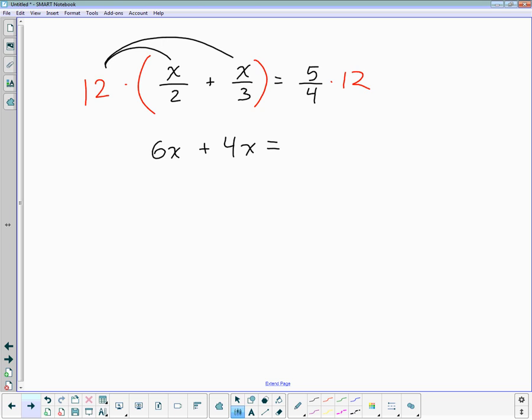Now the 3, once the 12 and the 4 go away and make a 3, like that, I'm going to have 5 times 3, because there's still a 5 in there, right?